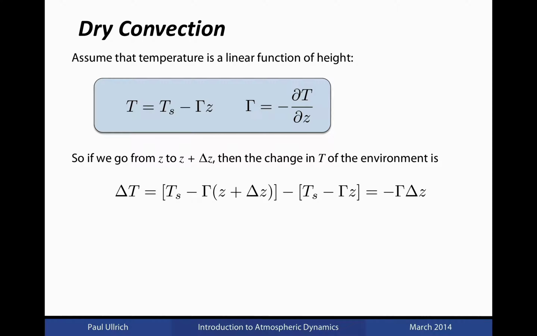So if our fluid parcel is then displaced from an altitude z to z plus delta z, then the change in temperature of the surrounding environment will be given by delta T, which is equal to the temperature of the background environment evaluated at z plus delta z minus the temperature of the background environment evaluated at z. Canceling like terms then simply gives negative gamma times delta z. This is consistent with a finite difference approximation for the environmental lapse rate above.